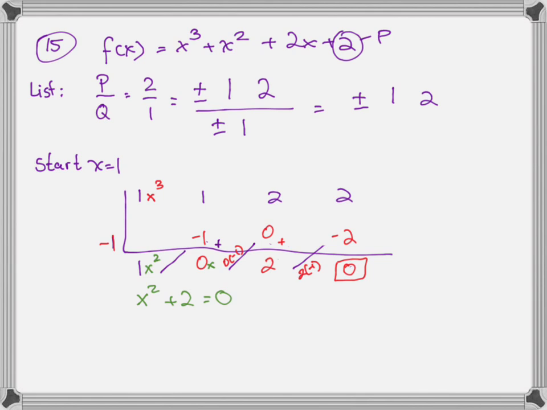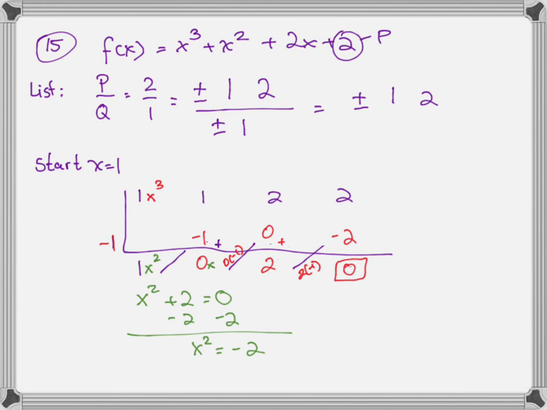Now the book says, find all rational zeros. You are actually done. The rational zero was -1, a rational number, a real number. These guys in green are going to be complex numbers, imaginary numbers. You're not even being asked to find them, but we're going to finish it because we're going to review for the test. x squared equals -2.